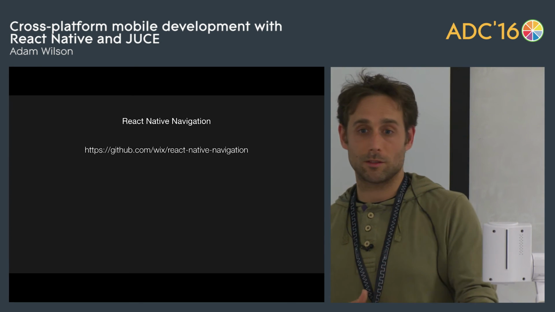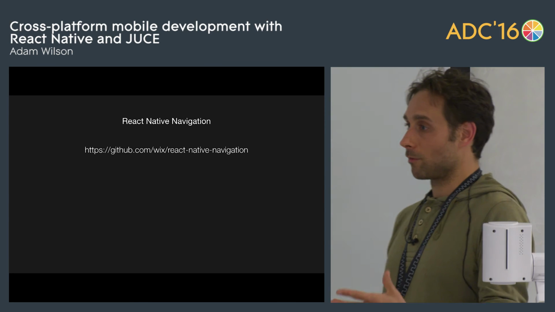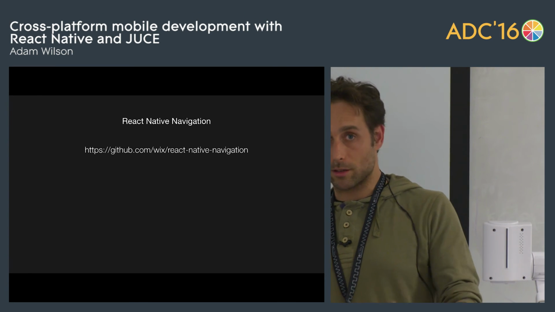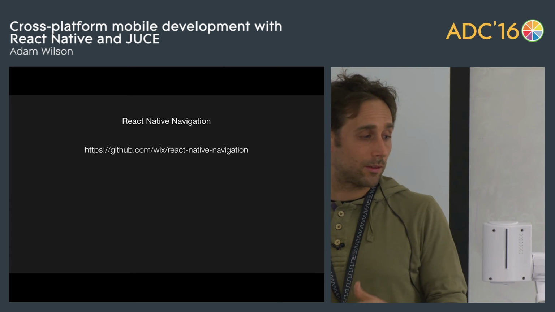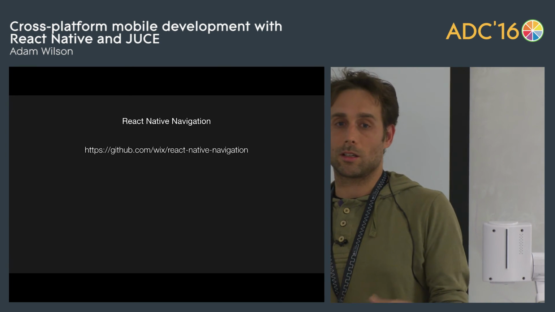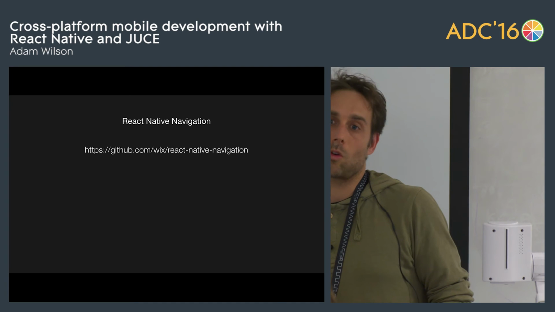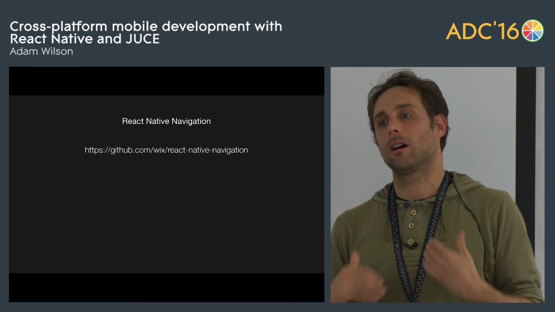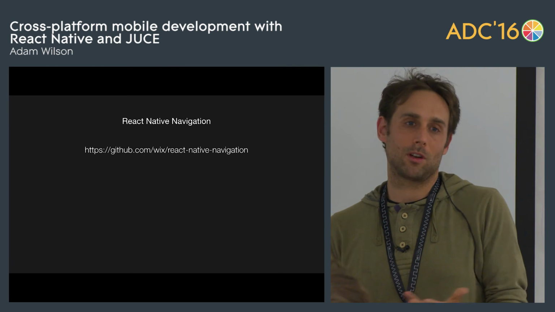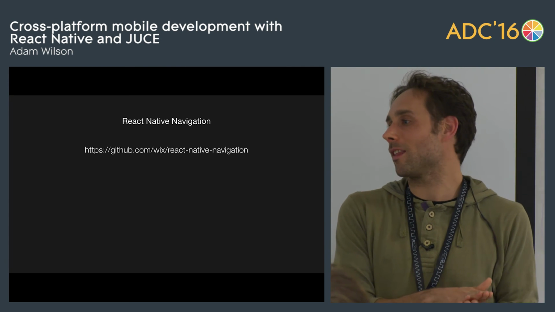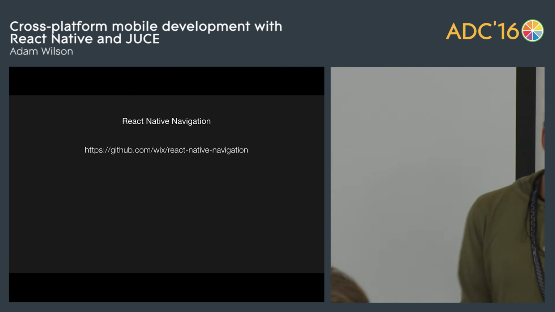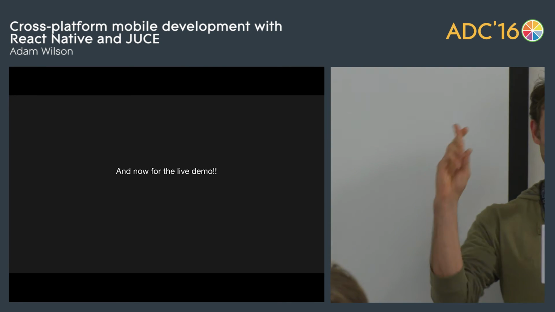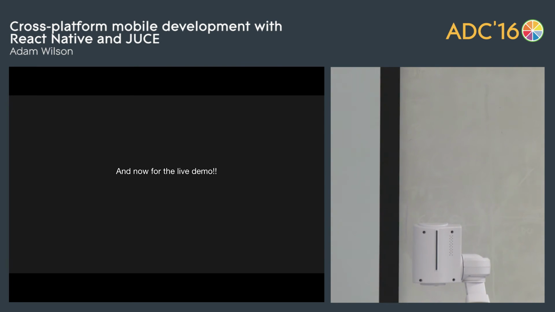They're really active, and they're basically bringing fully native navigation to React Native apps, because the standard React Native navigation method is all written in JavaScript, and it just doesn't feel fully native, which for me was like, I want to make an app that looks like other apps, basically. That's worth checking out. And now, fingers crossed, here's my live demo.